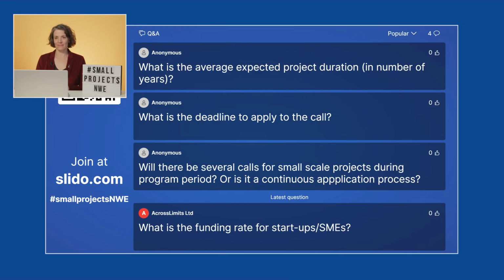Okay. What is the average expected project duration? Well, we are doing a small-scale project call for the first time, and we are setting the limit of 18 months.